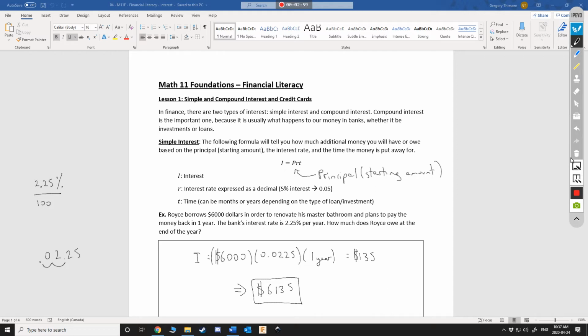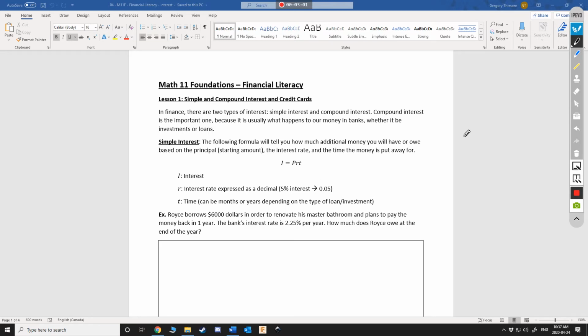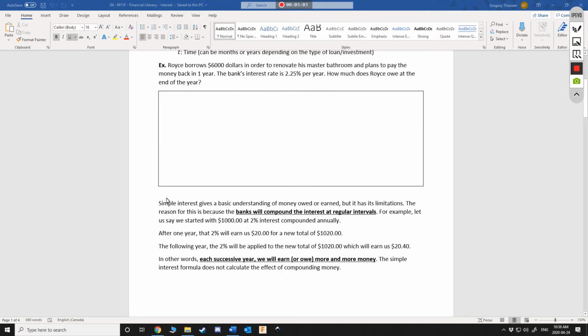So if we scroll down, let's read this. Simple interest gives us a basic understanding of money owed or earned, so it can go both ways. If you put money in a bank, you're going to make money instead of having to pay back money. However, this equation is not super useful because what actually happens in the bank is that money is compounded.